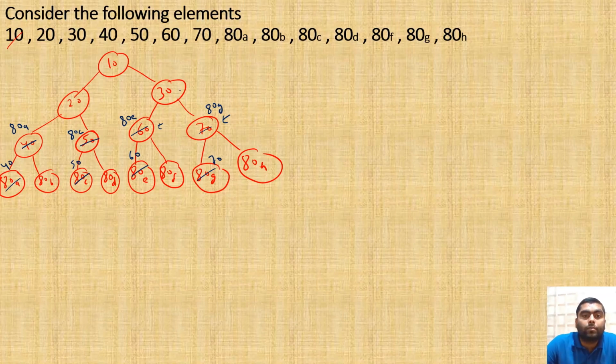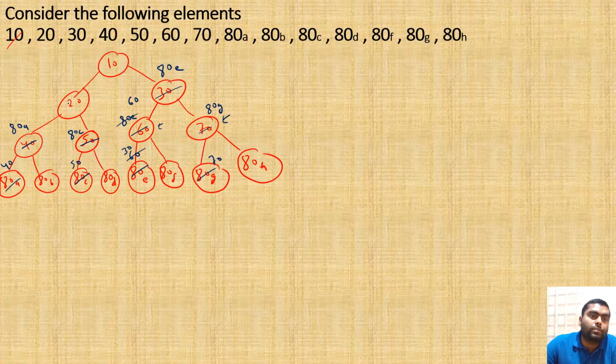Now if I come over here, this is 30, so what will be the resulting? This particular point is 80e, and this will be replaced with 60, and this will be replaced with 30.